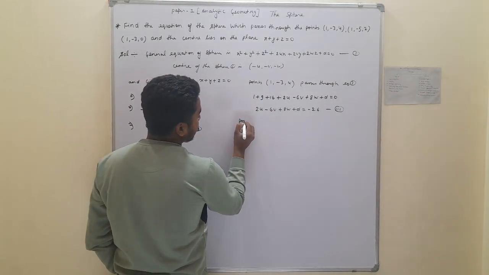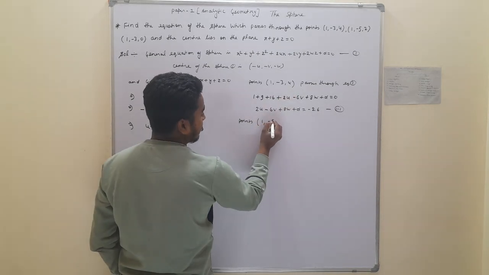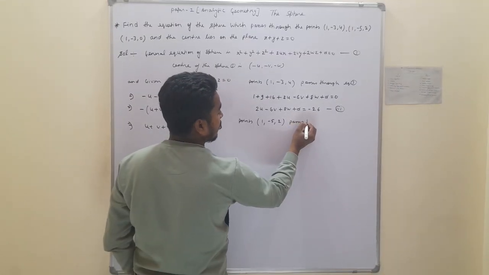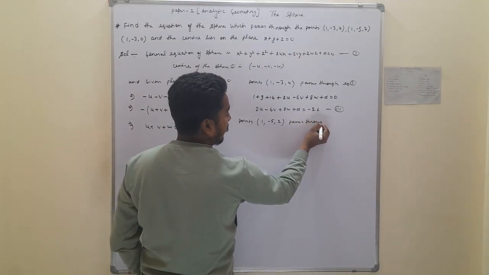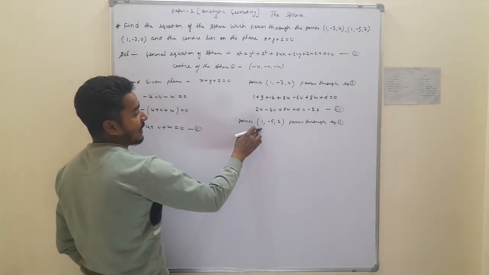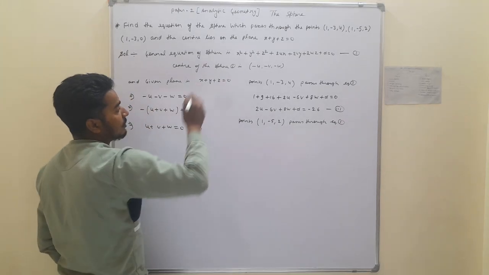Further, the point 2, (1, -5, 2), passes through equation 1. We put x = 1, y = -5, z = 2.